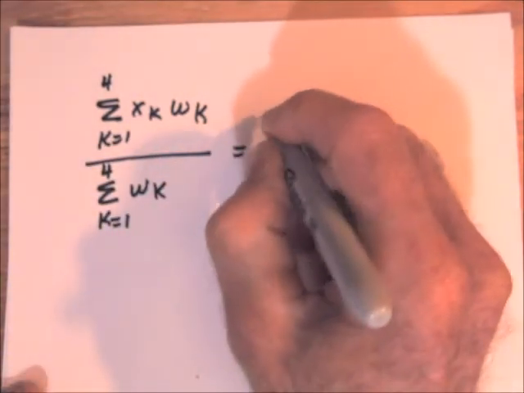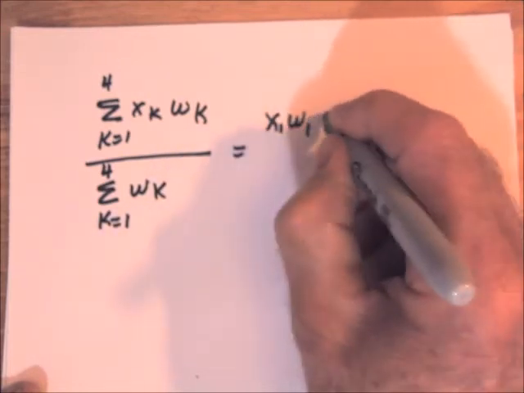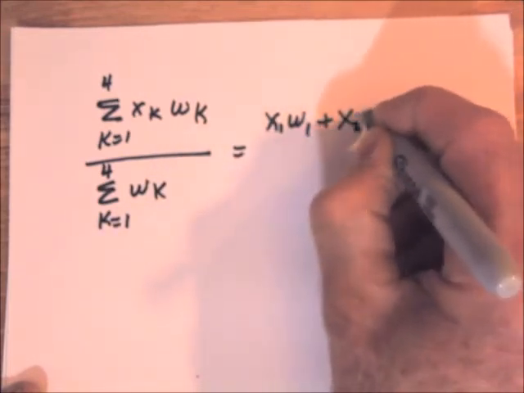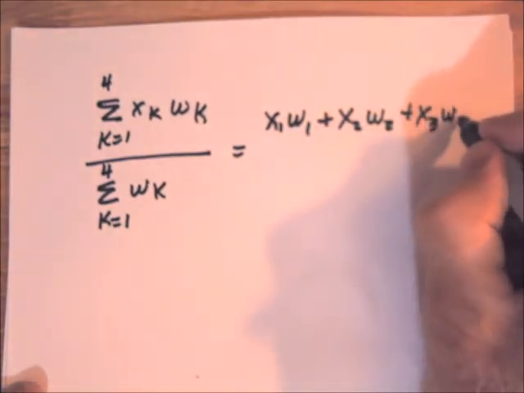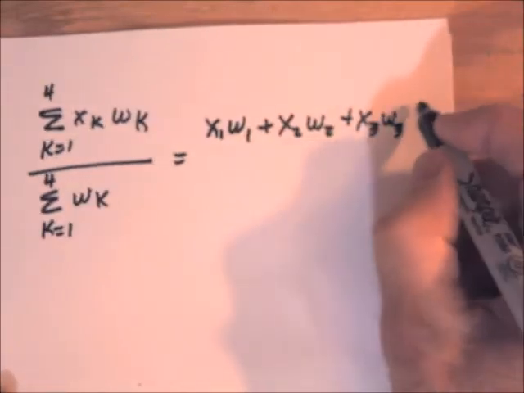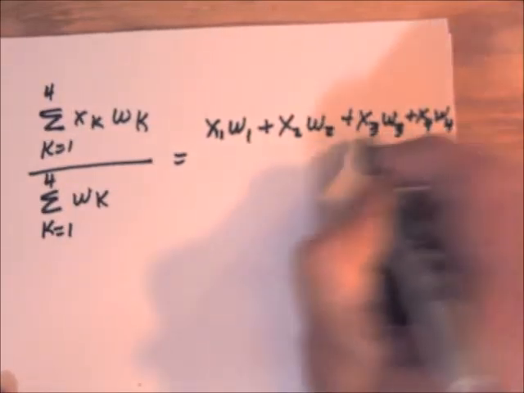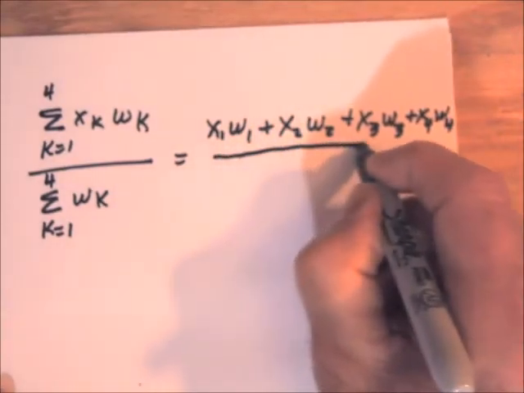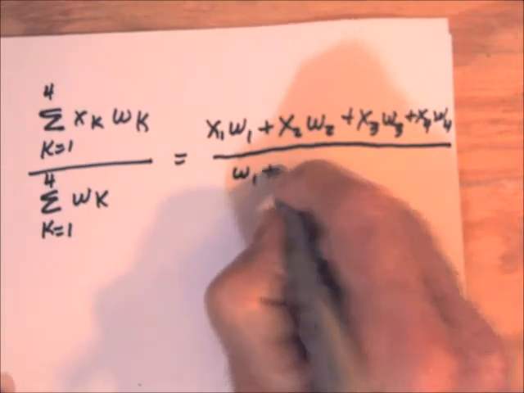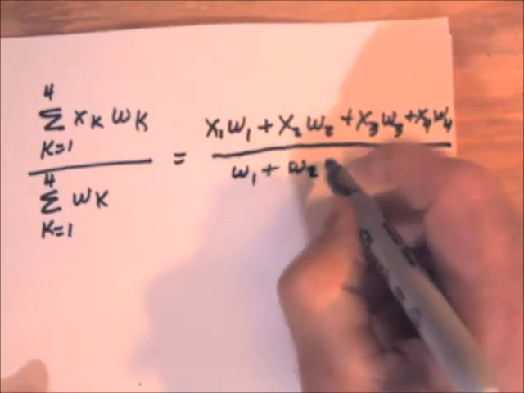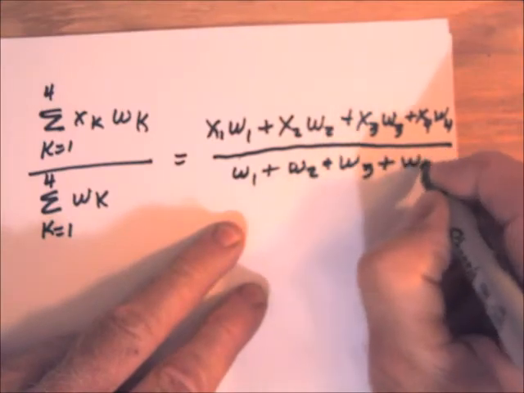So that means it's x1, the first exam, times its weight plus x2 times its weight plus x3 times its weight plus x4 times its weight. And the whole thing divided by w1 plus w2 plus w3 plus w4.